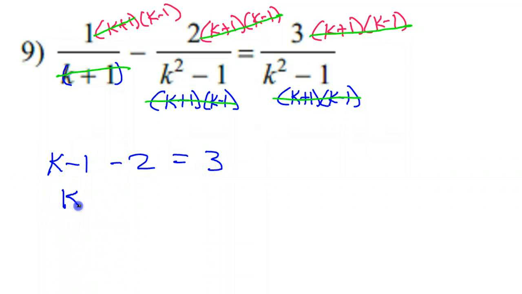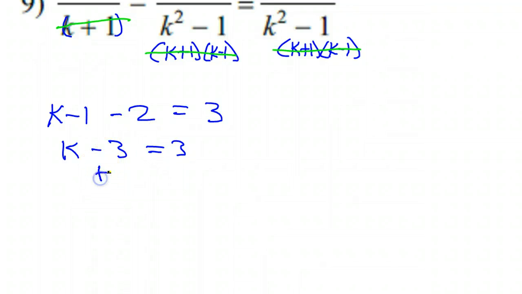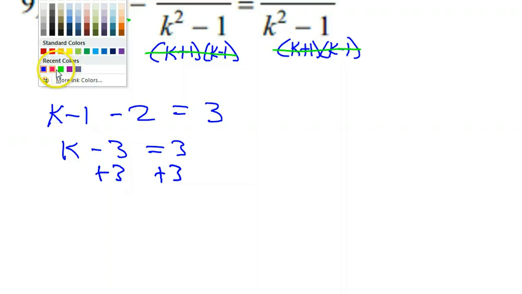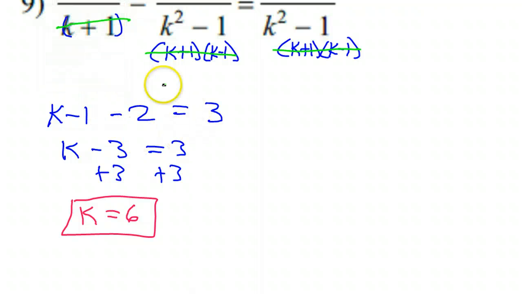Combining like terms, I get k minus 3 equals 3. And then we would add 3 to both sides. So k is equal to 6. All right, take a look at the excluded values.